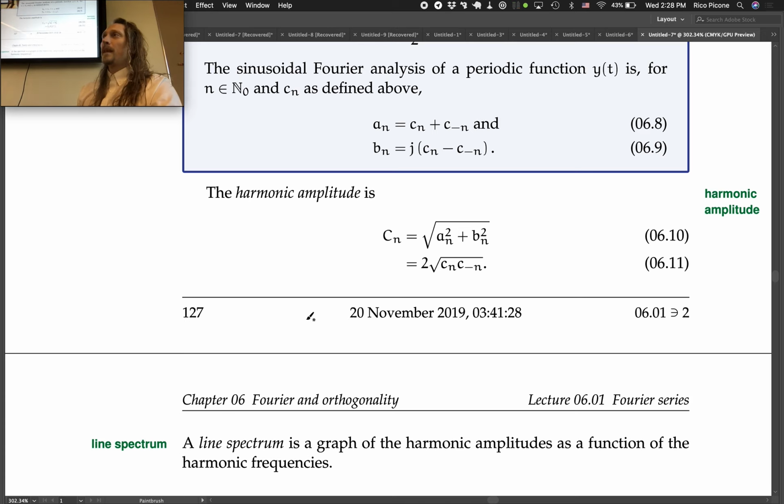But it's important to realize that those are just mathematical niceties. When you get down to the final equation, if your function is a real function, y of t, all those complex numbers and all the negative frequencies will not be a part of the final representation. Or at least there is a way to represent it in completely real components at the very end.